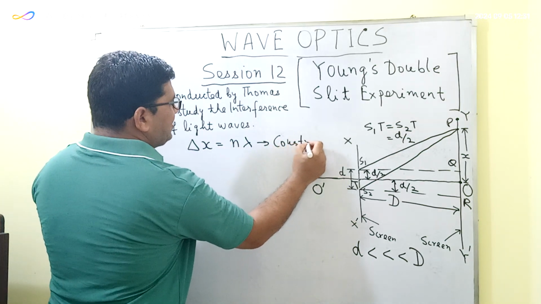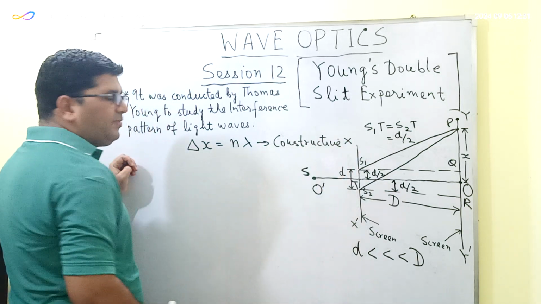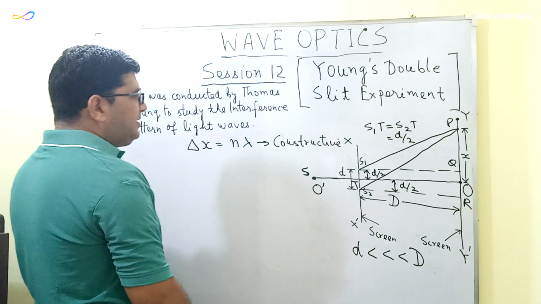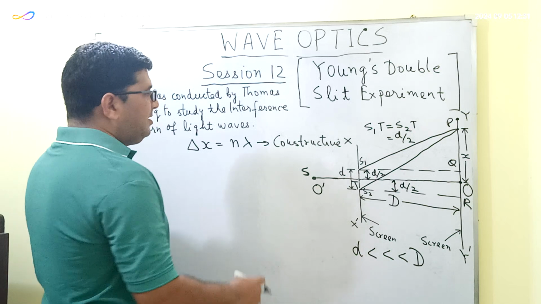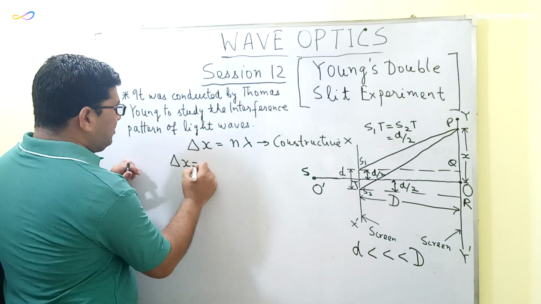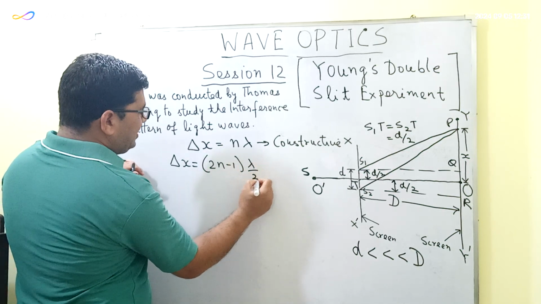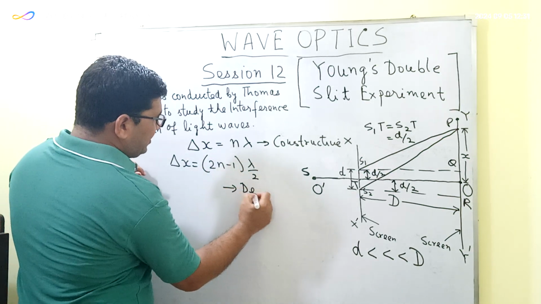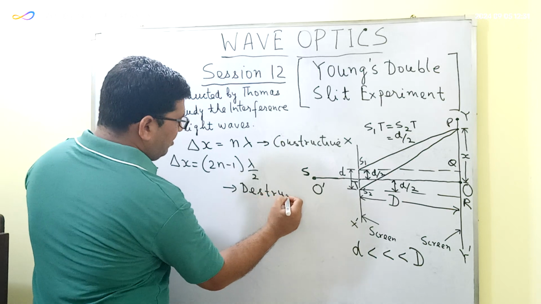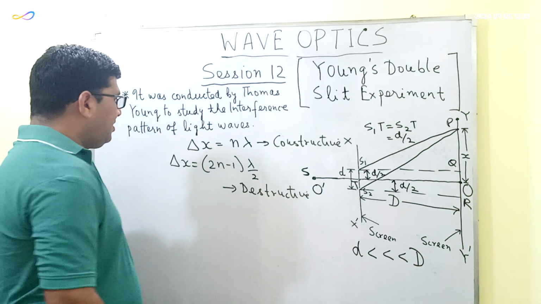Constructive interference produces bright fringes, and delta x will be equal to (2n minus 1) lambda by 2 in the case of destructive interference. Destructive interference produces dark fringes.